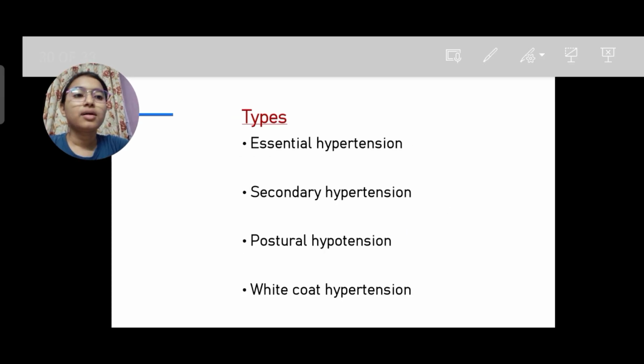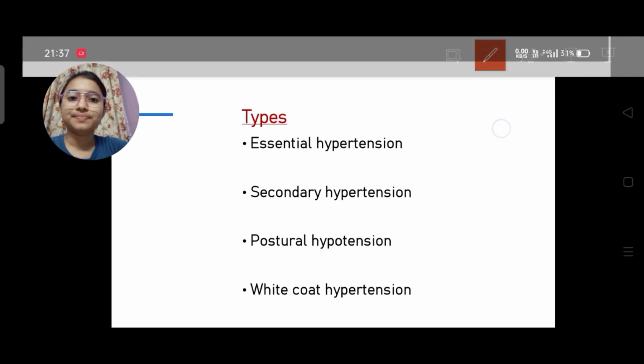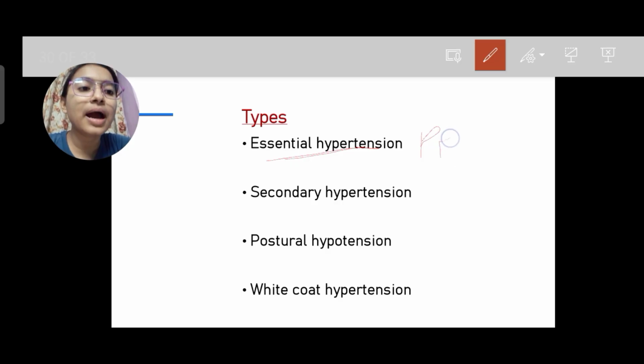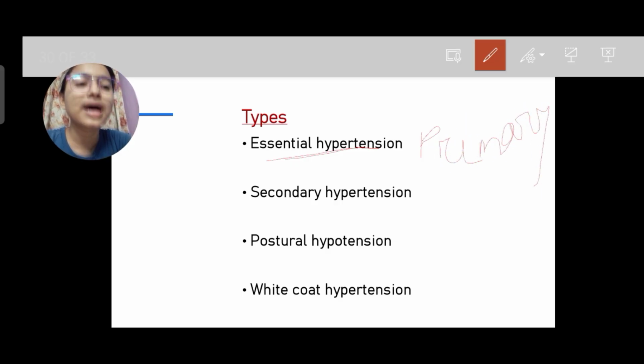Okay. Now the types. One, the essential hypertension. Essential hypertension is also known as primary hypertension. What happens in essential hypertension? There is no medical cause in that.